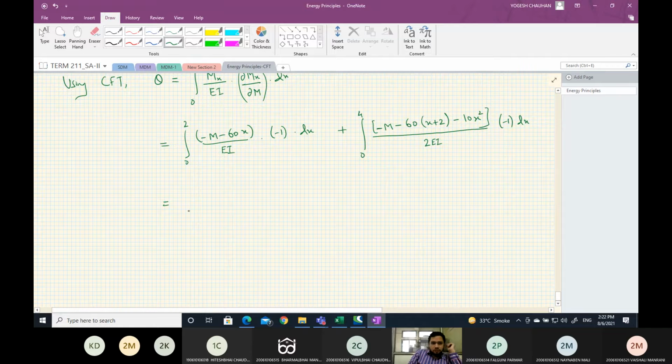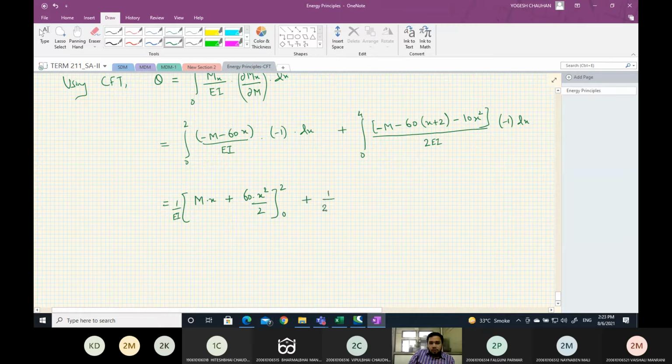Integrating this, this minus multiplies inside, so it will be M. Let us take 1 upon EI as common. So 1 upon EI is taken outside. So it will be M into x, because integration of M dx will be, M is constant, so integration of dx will be x, plus 60 x square by 2, limit 0 to 2.